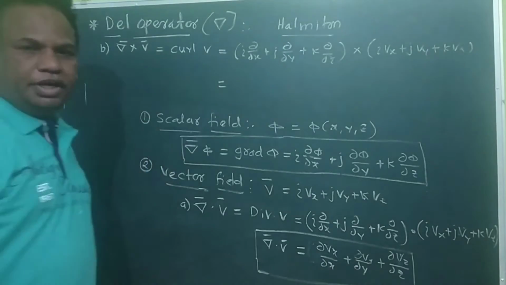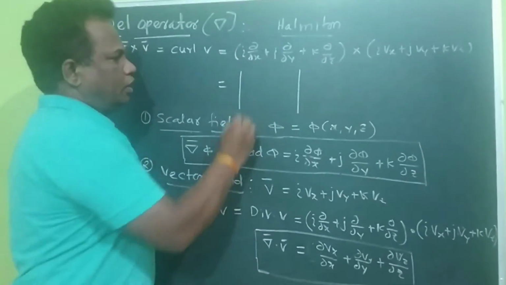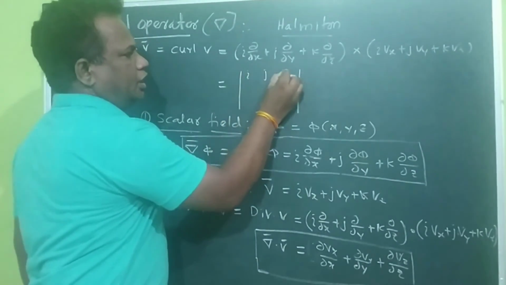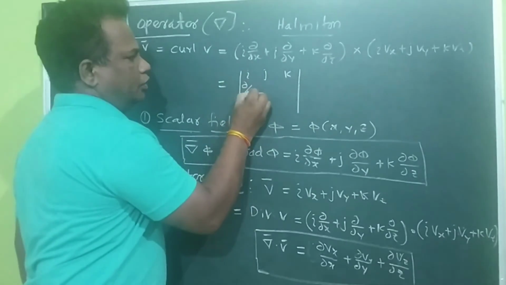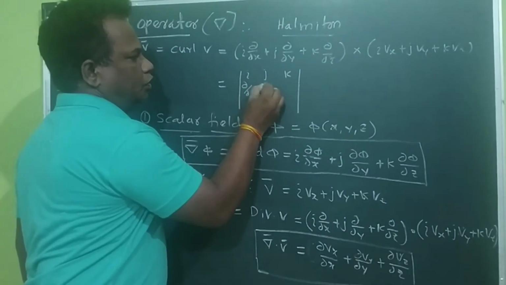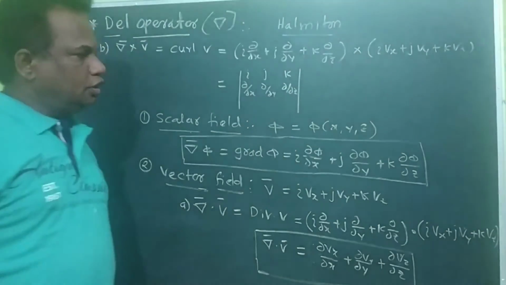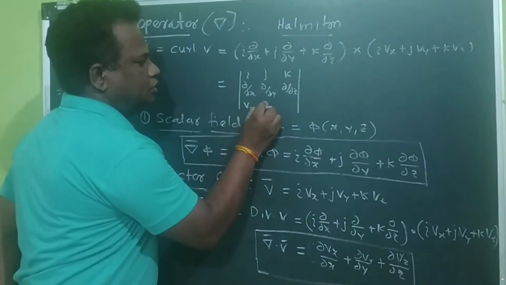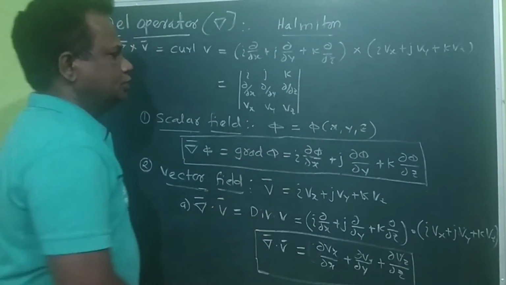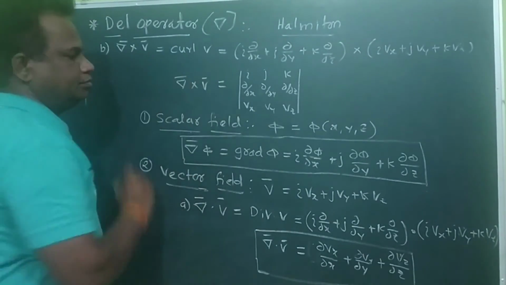So it is a determinant with first row i, j, k, second row ∂/∂x, ∂/∂y, ∂/∂z, third row Vx, Vy, Vz. So this is the value of del cross V bar.